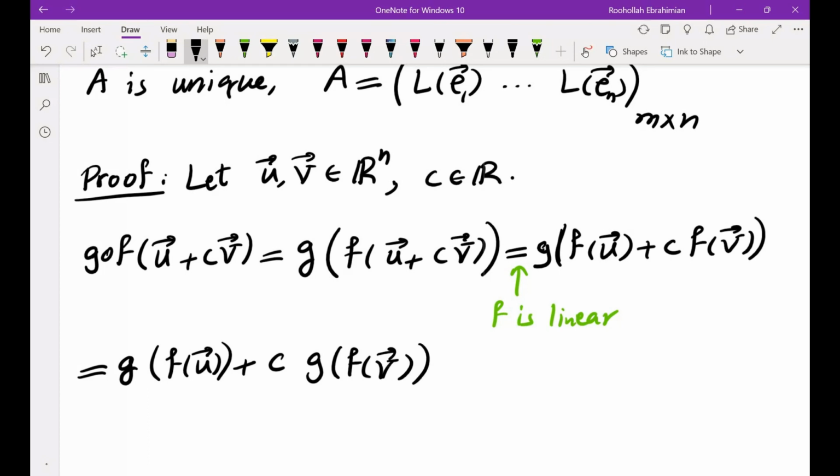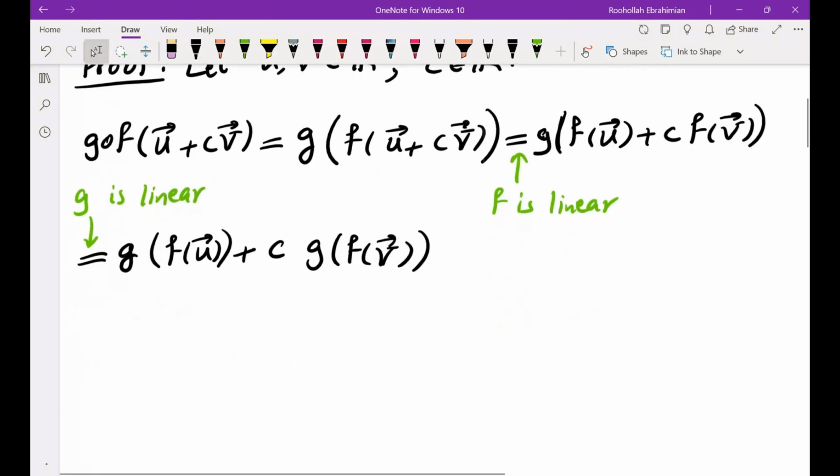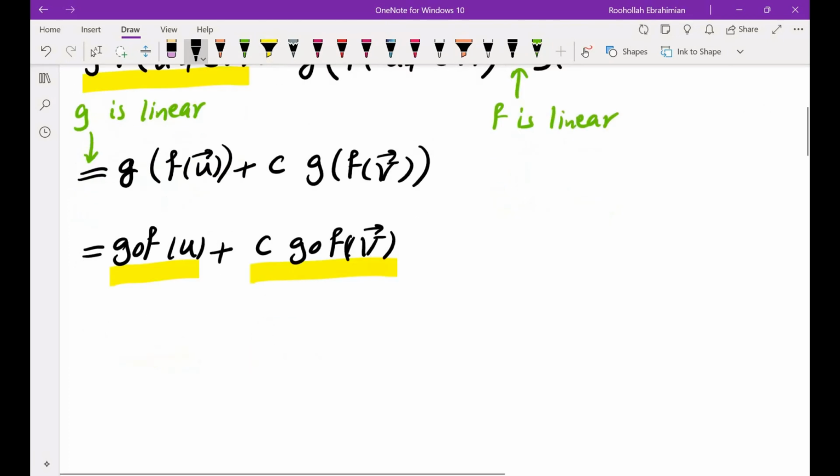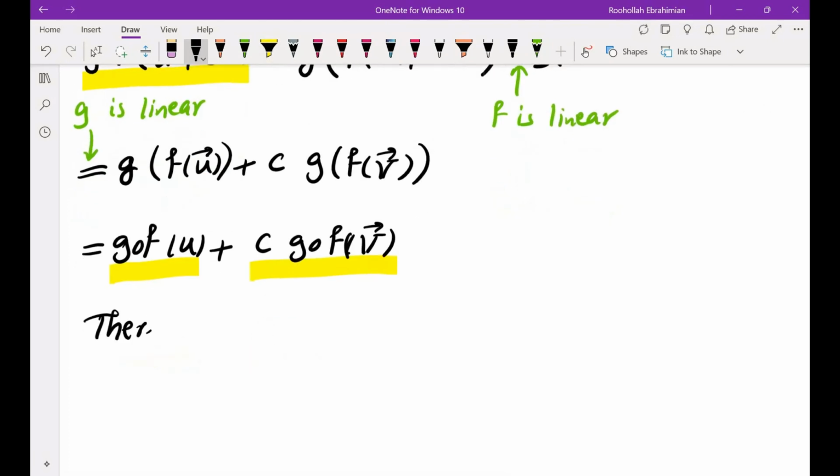This step goes from the fact that g is linear, and by a theorem, g of u plus cv would be g of u plus c g of v. And these are of course just compositions. So this is g∘f of u plus c g∘f of v. I just showed that g∘f of u plus cv is g∘f of u plus c g∘f of v. Therefore, g∘f is in fact linear.